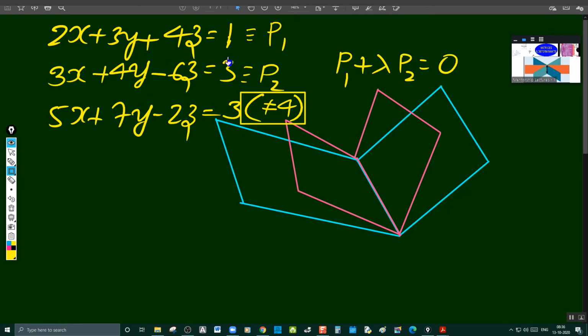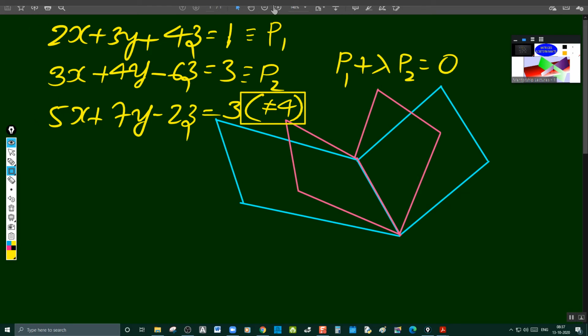Then you don't get such a plane which is formed by P1 and P2. And of course, if you want to have a unique solution, you can create whatever plane you want without using P1 and P2.